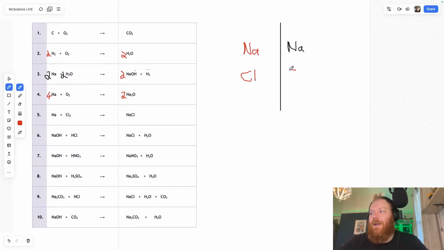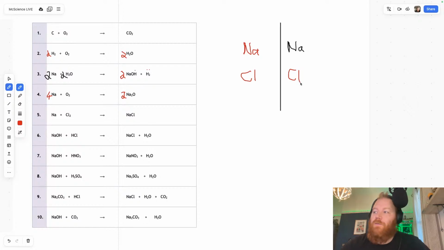So sodium is a highly reactive, aggressive metal. Chlorine is a toxic gas. When we bring the two together, what we end up with is sodium chloride, also known as table salt. Table salt obviously is edible, whereas you cannot eat sodium and you cannot eat chlorine.